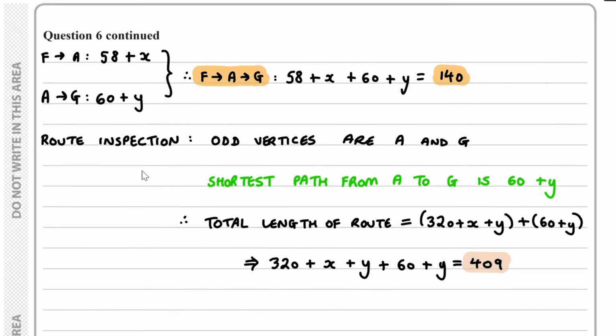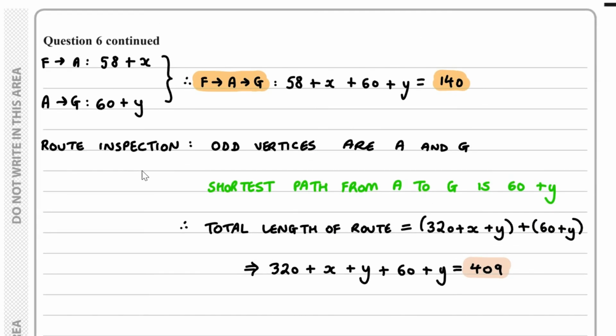So we need to find out what x and y are. So we need to solve these two equations simultaneously. Let's call this 1 and call this 2.